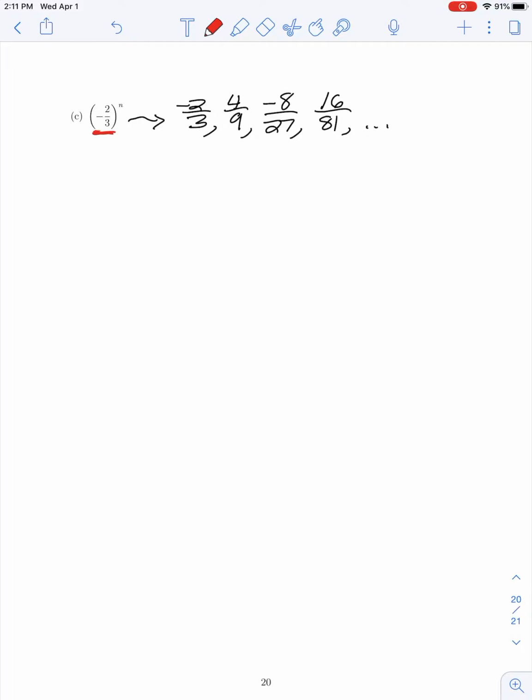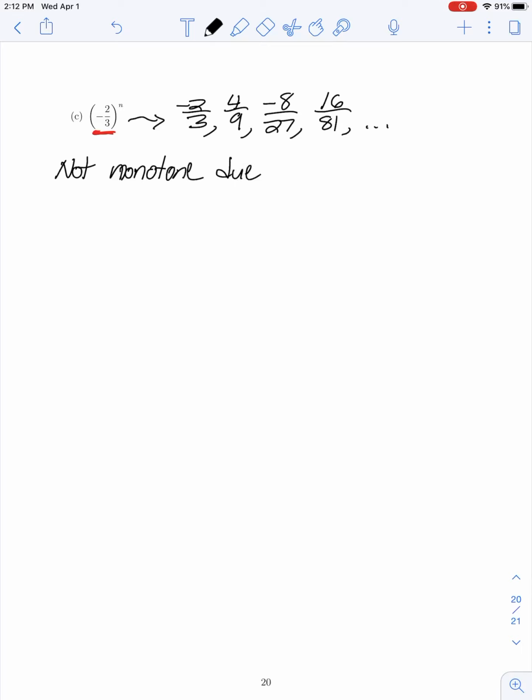And because of the fact that we have this negative number inside of our power, we see that for each subsequent term, the sign is going to change. We'll always have a positive, a negative, a positive, and a negative. So in this case, our sequence is not monotonic.